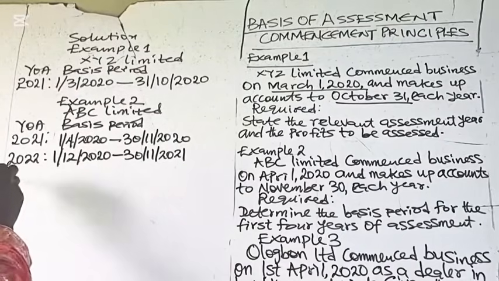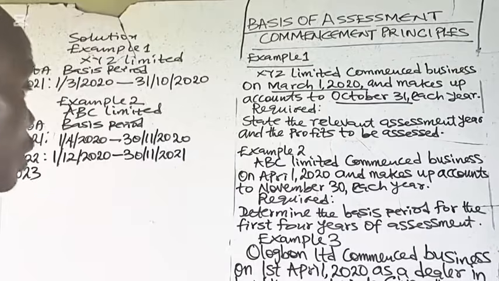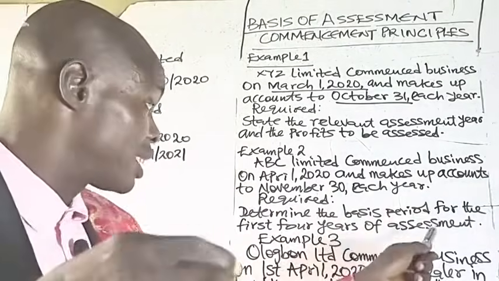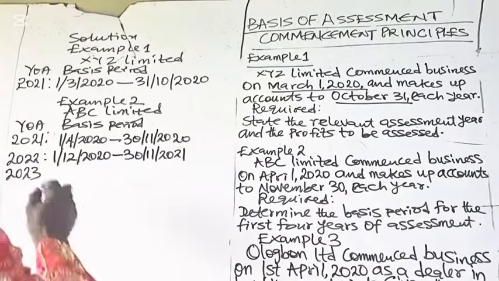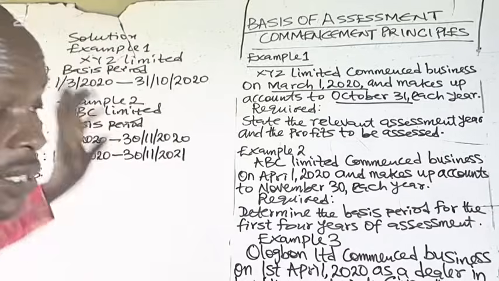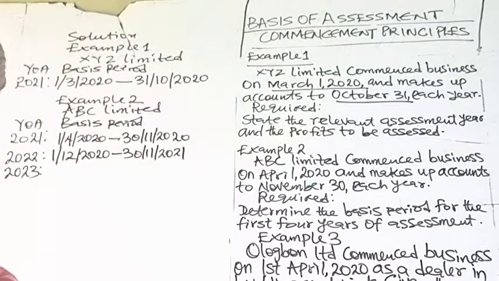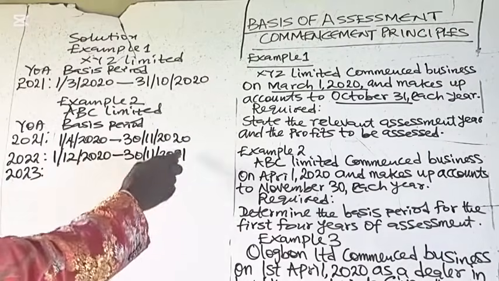Now the third year of assessment, which is 2023. Remember, you are to determine the basis period for the first 4 years of assessment, and you apply the rule governing the third year of assessment. The assessable profit shall be the profit from the first day after the accounting period just ended.